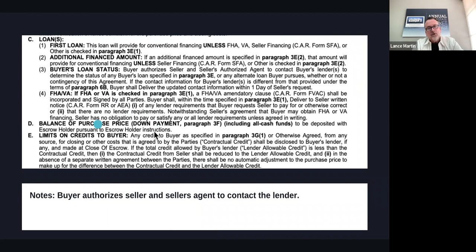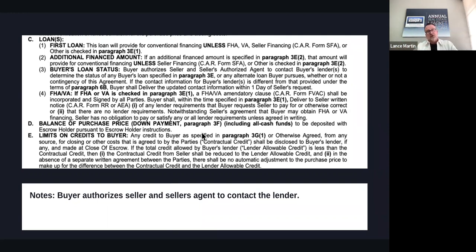Okay, balance of purchase price and down payment. I'm going to refer back to Andre a minute ago. Andre says, hey, my buyer puts in the initial earnest money deposit, what's this additional deposit? I'm not used to that. Normally they put in their $3,000, $4,000, $5,000, $10,000, and then we're getting ready to close escrow, and the escrow company says, hey, you need to bring in another $7,255.